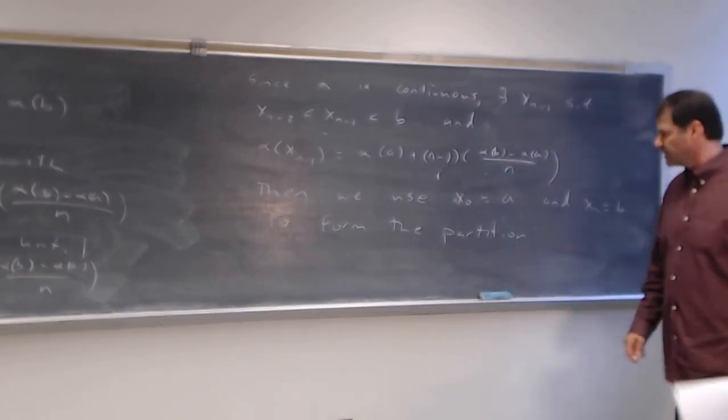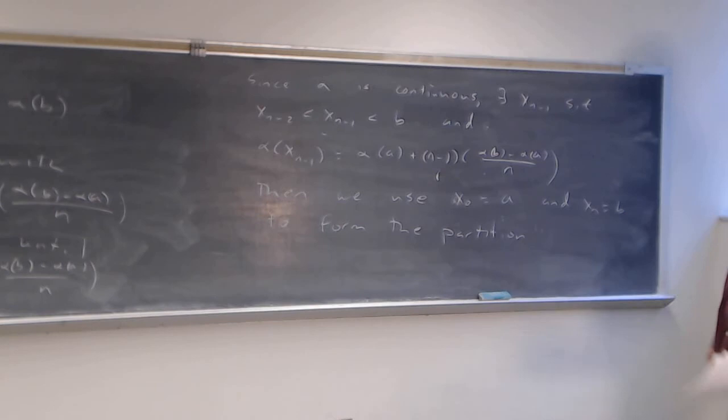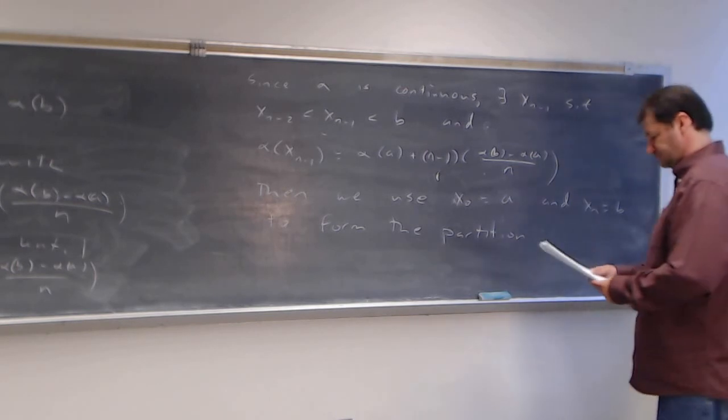Okay. So that's how we create the partition that we were looking for. That is one whose delta of alpha sub i's are equal to alpha of B minus alpha of A over n. So we have that partition.